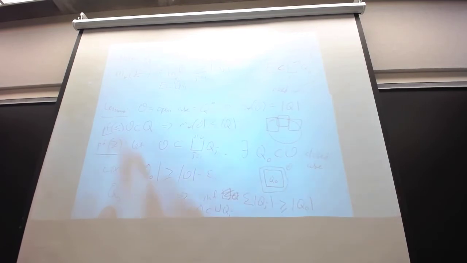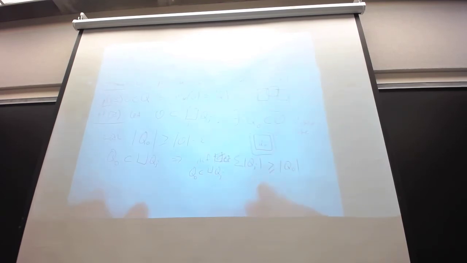So this is using the closed cube lemma. Is this clear? So I know that we've already proved that if you take the infimum over the Q_j's that cover Q0, you can't do better than Q0.